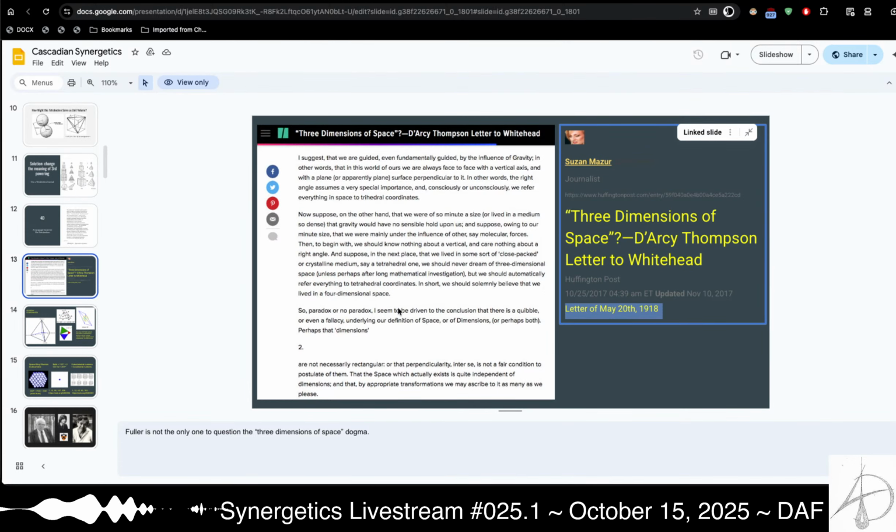I seem to be driven to the conclusion there is a quibble or even a fallacy underlying our definition of space or of dimensions. Perhaps both. Perhaps that dimensions are not necessarily rectangular, or that perpendicularity inter se is not a fair condition to postulate of them. That the space which actually exists is quite independent of dimensions, and that by appropriate transformations we may ascribe it to as many as we please."